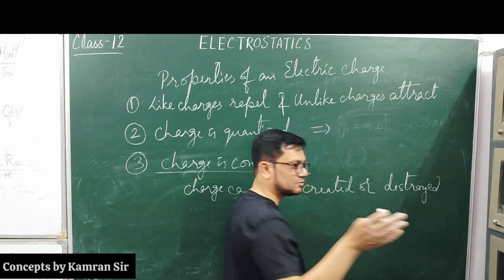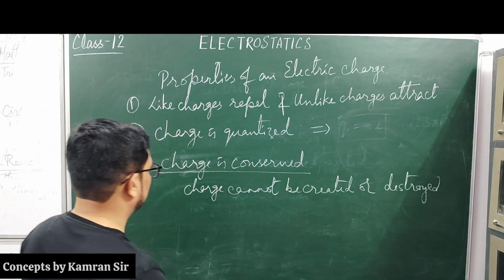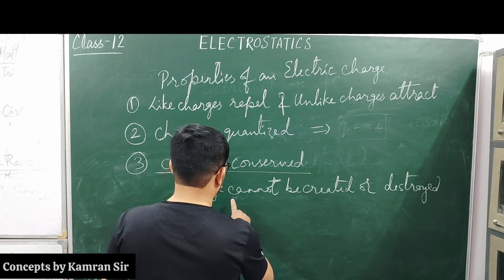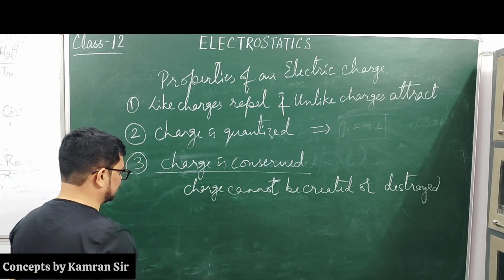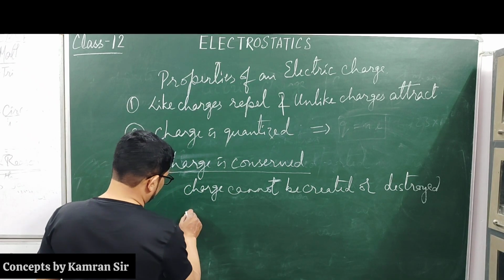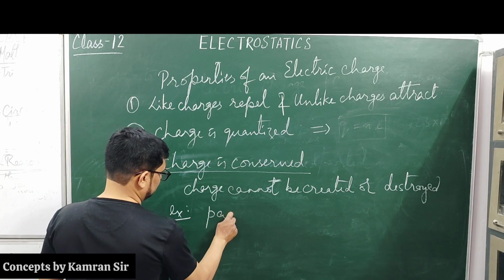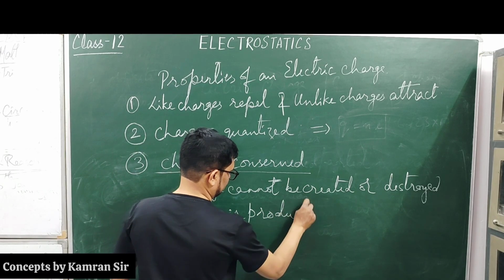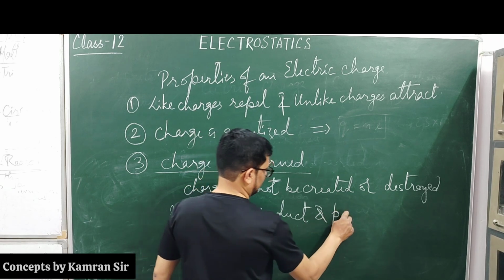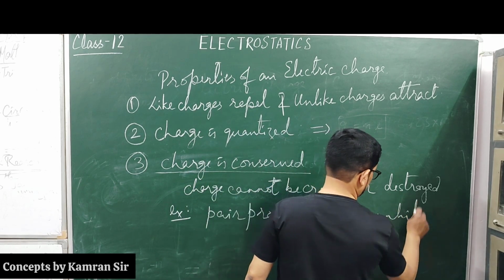The number of charges getting transferred in the isolated system remains constant. Charge cannot be created, neither can it be destroyed, it just gets transferred. And what could be the example? Pair production and pair annihilation.